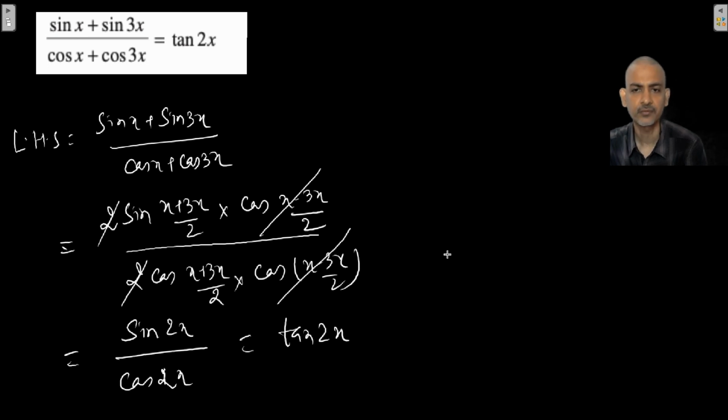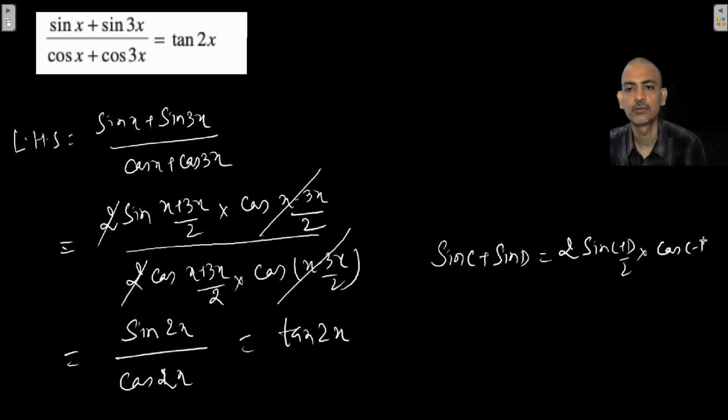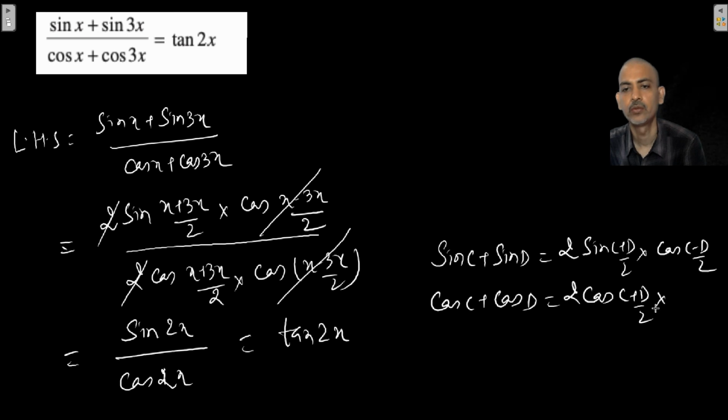Right? So here as well we use the formula sin c plus sin d equals 2 of sin of c plus d by 2 into cos of c minus d by 2, and cos c plus cos d equals 2 of cos of c plus d by 2 into cos of c minus d by 2.